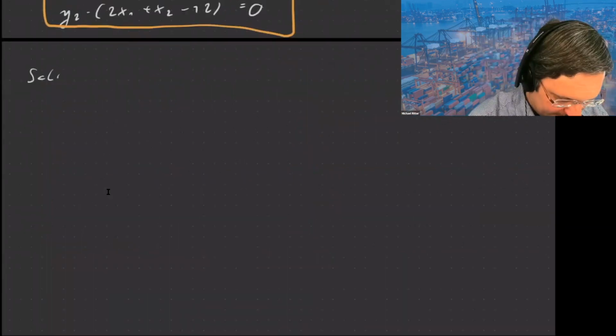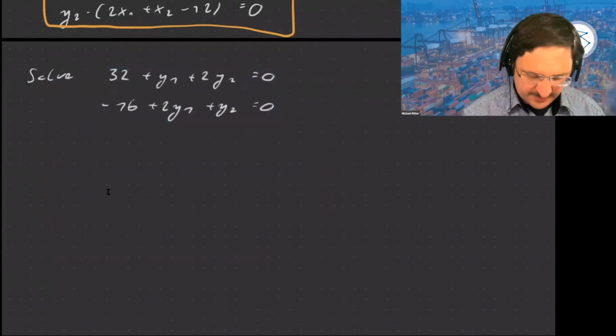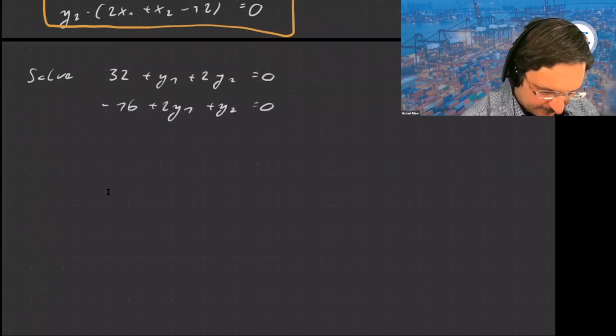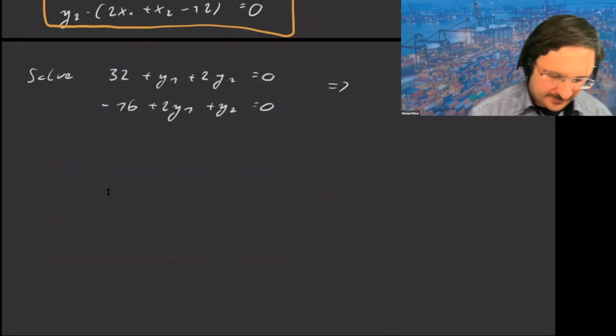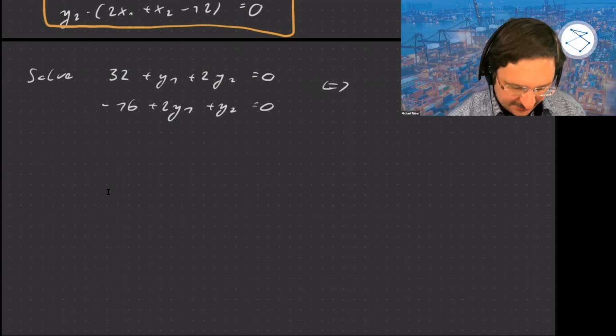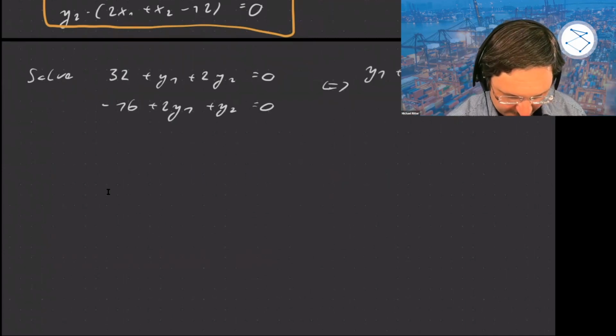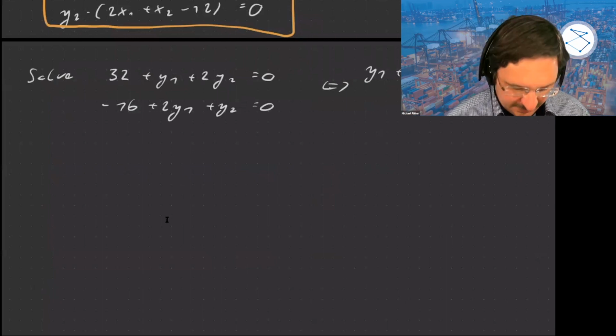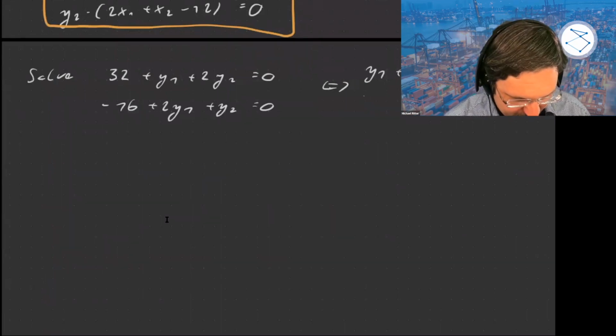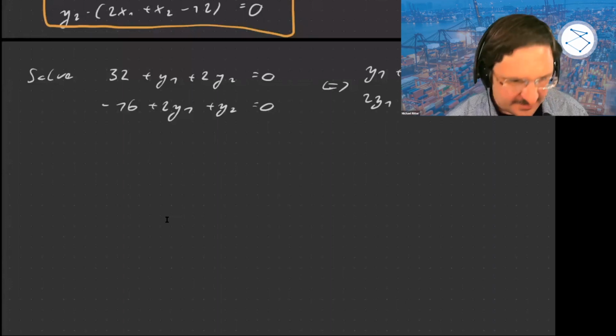We want to solve this equation system here. Let's reformulate that a little. It can be written as y1 plus 2y2 equals minus 32, and 2y1 plus y2 equals 16.